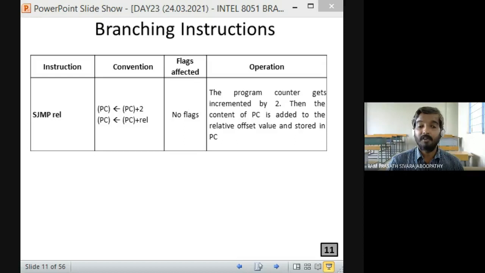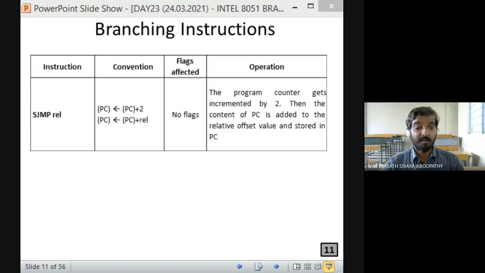If I want to jump 7 locations forward, what instruction do we have to use? Can you type it in the chat?